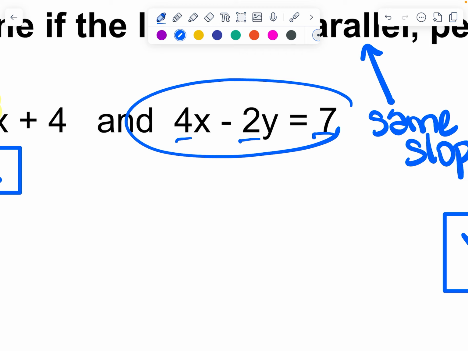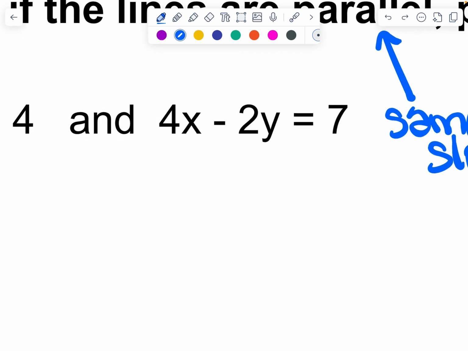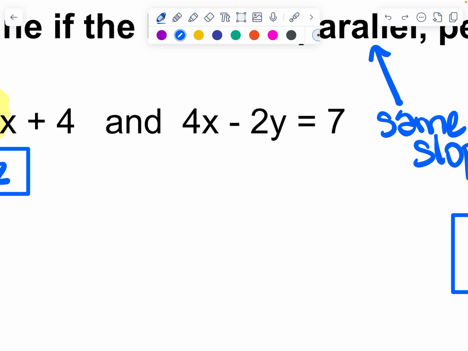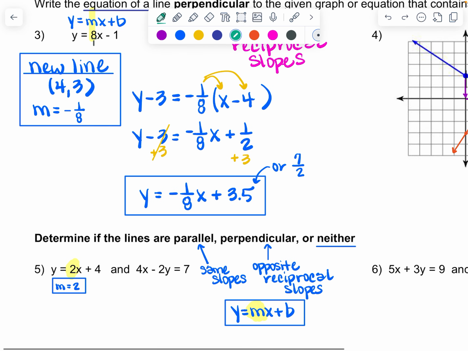None of those numbers are the slope. So I need to put that in y equals mx plus b form so that I can see what the true slope is. And again, it is a 2-step process. It's the same steps every single time to go from one form to another. Okay, so to go from standard form, let me just remind you, up here, we went from point slope to slope intercept. So we distribute and add the constant.